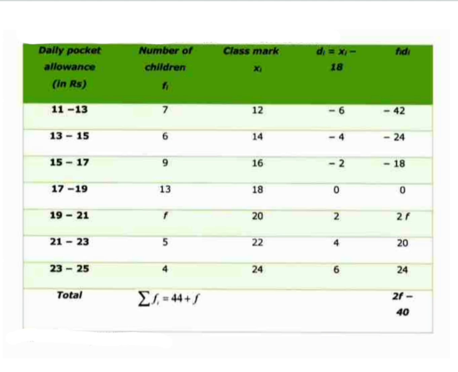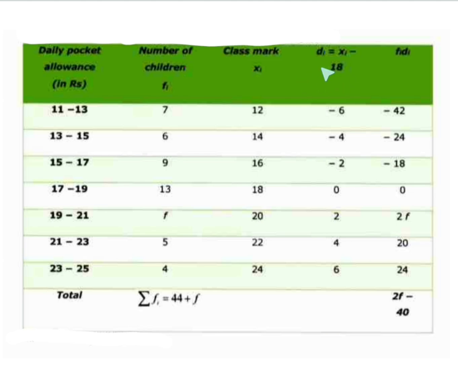The least value is 11 and the biggest value is 25. 11 plus 25 is equal to 36. So 36 by 2 is equal to 18. We should take the assumed mean as 18.